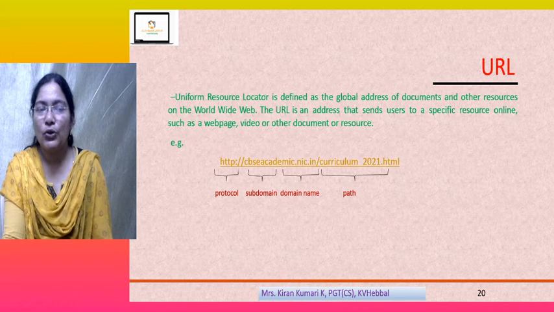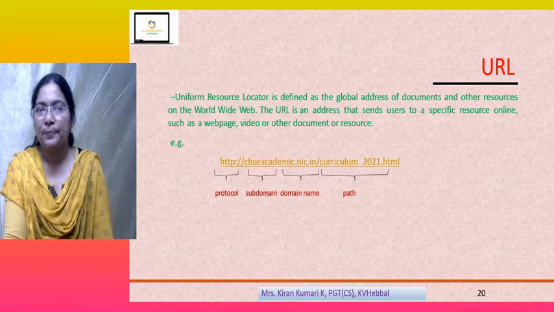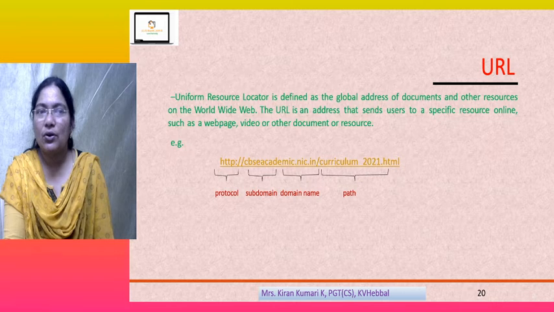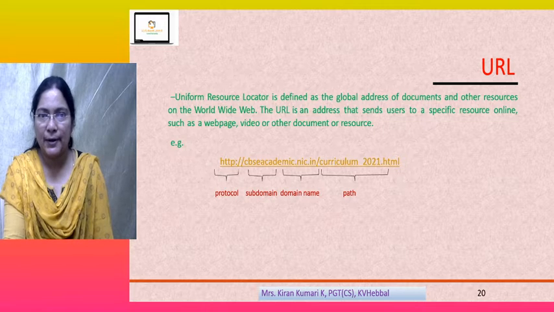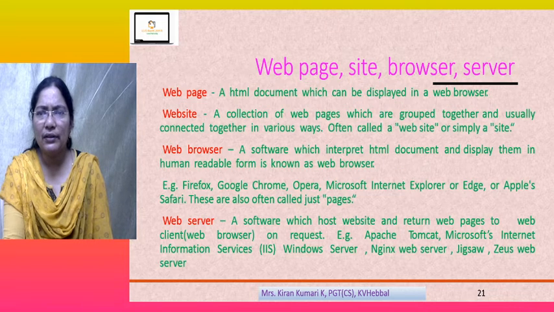URL is Uniform Resource Locator. It locates where the resource is, so it is given as the address, and we enter it in the address bar. It is also called Uniform Resource Indicator. It is the global address of the document on the World Wide Web.